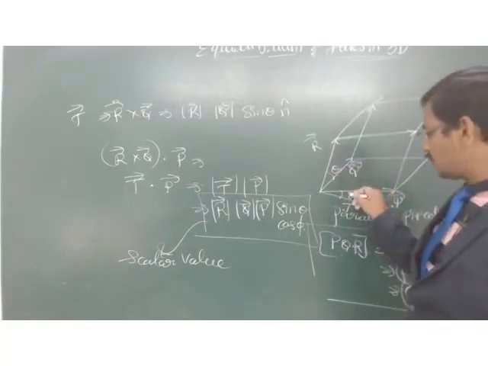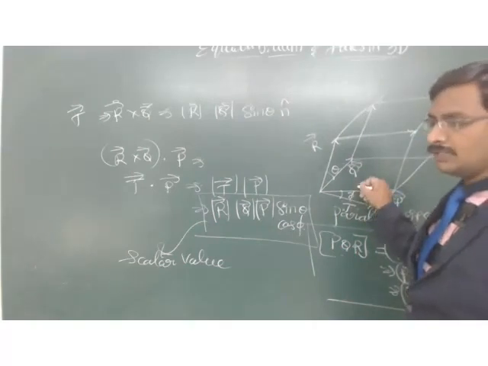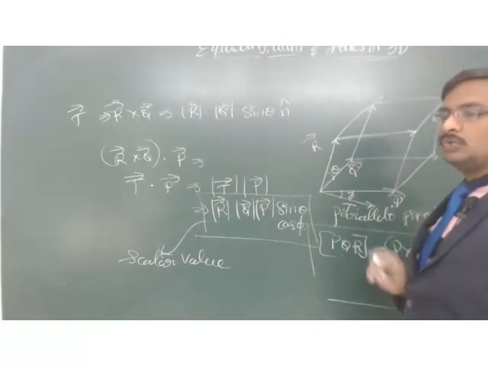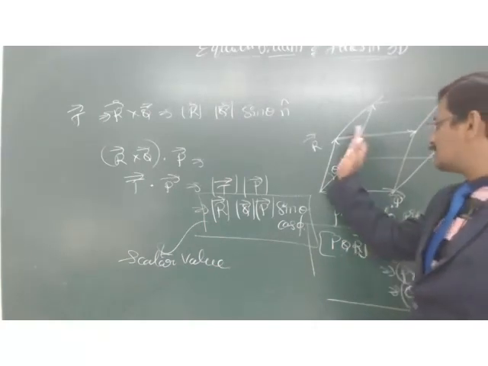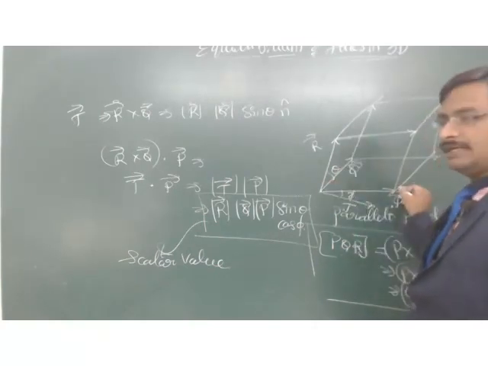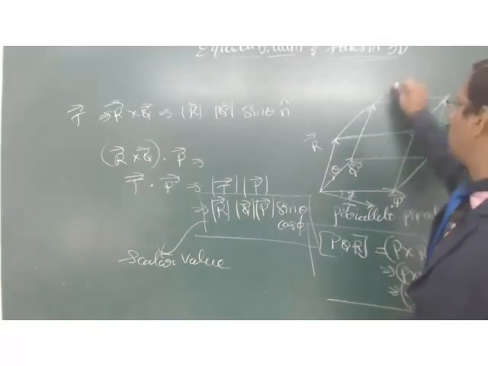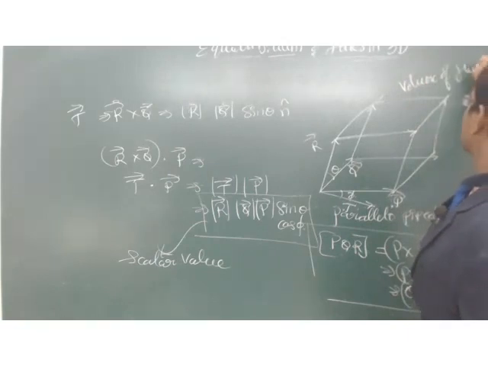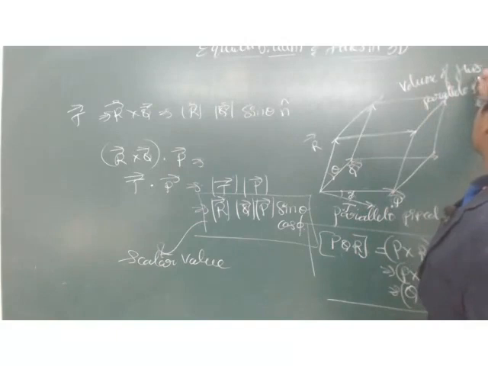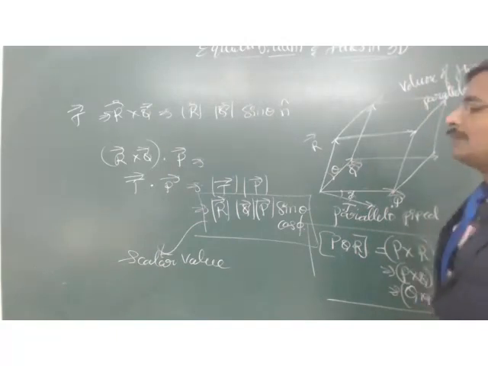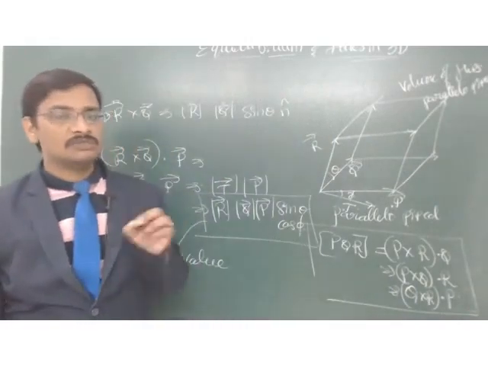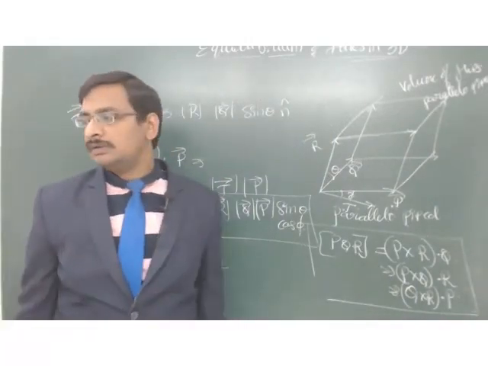So the vector's component along this direction is multiplied with the magnitudes, which essentially means that this area gets multiplied with this height, which is the volume of this parallelepiped. So a scalar triple product will always represent a volume formed by those three vectors, right?